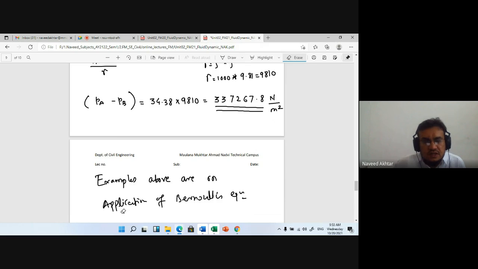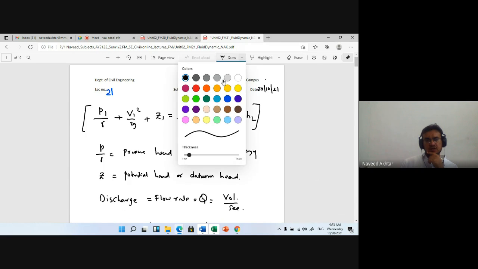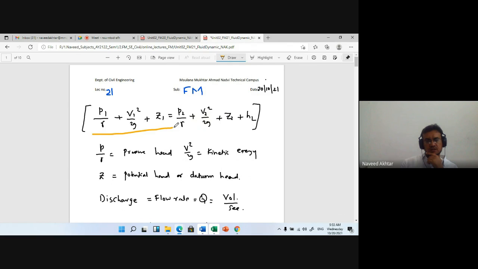This is only examples on the Bernoulli equation, and we completed three examples. Based on that, we can solve many types of examples. The basic formula as given above, you should remember. You should remember first this Bernoulli equation.